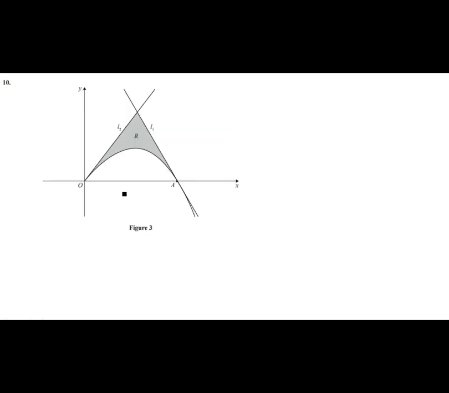Yep. Now the region R shown shaded in figure 3 is bounded by the curve, the line L1 and line L2. Use algebraic integration to find the exact area of R. Now this line L2 is passing through the origin. That means the coordinates of origin are 0, 0. So the gradient function was this one.